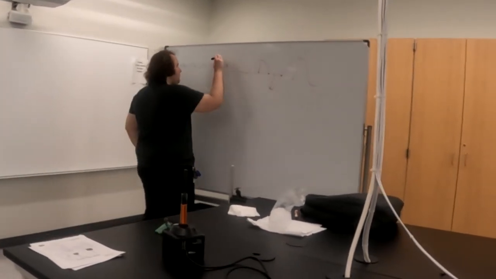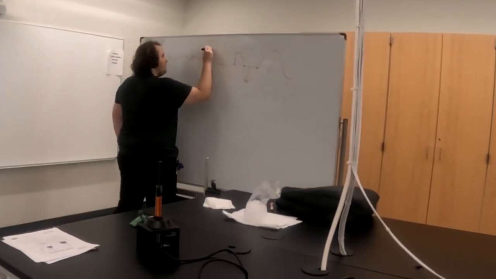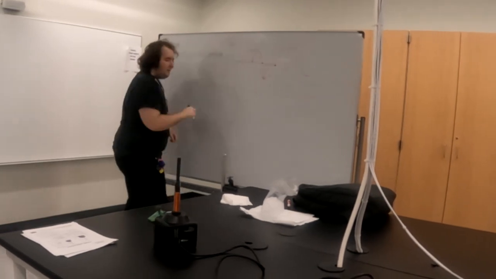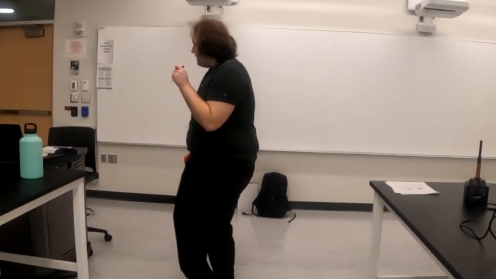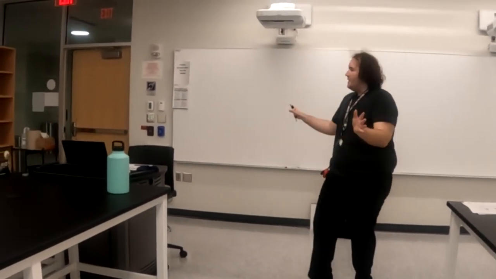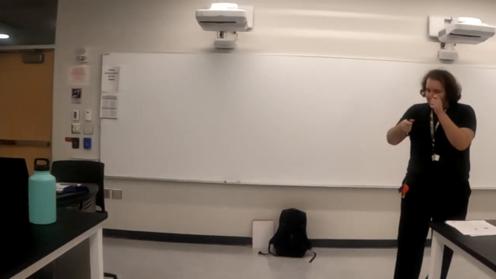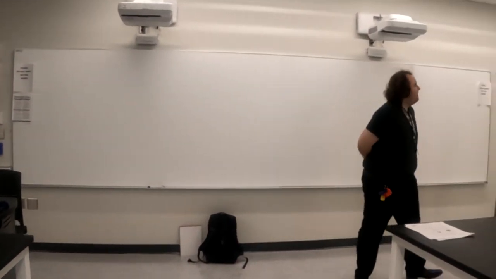So mu is what we call some mass per length quantity. It's simply just the mass of the string divided by the length of the string. So that value is what we call a constant. The value doesn't change, or it shouldn't, as we increase the tension and the frequency.